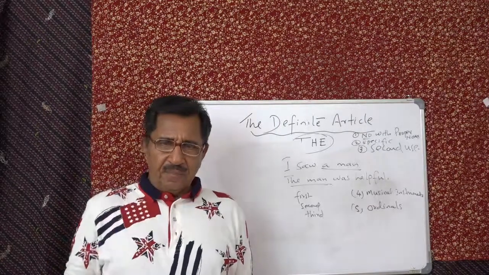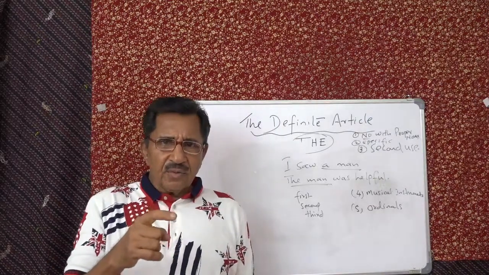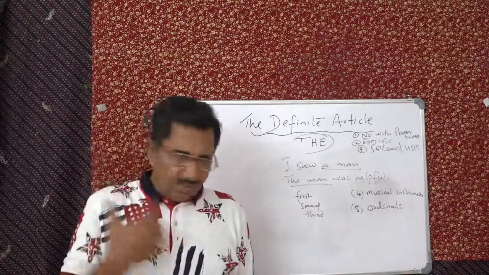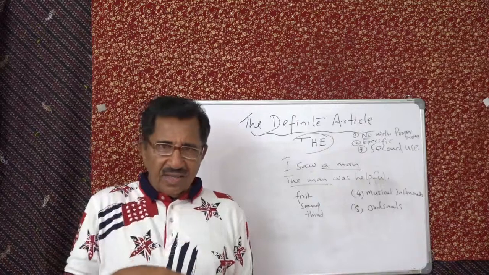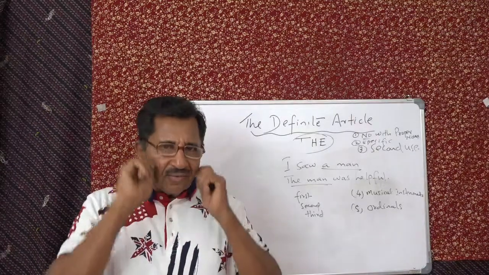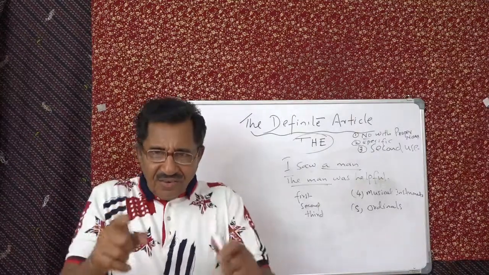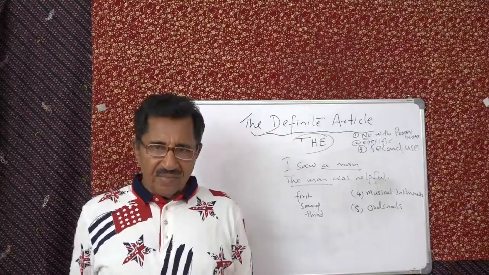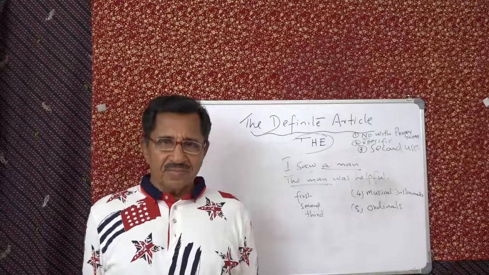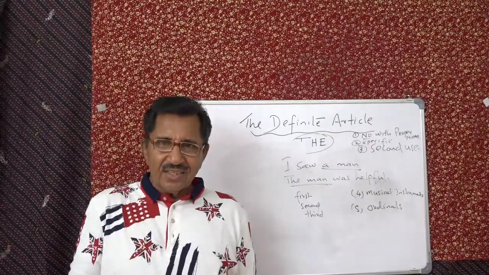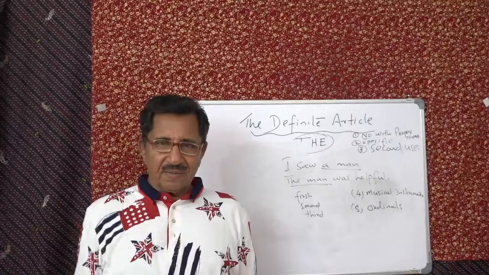When I get up, the first thing I do is wash my face. The second thing, brush my teeth. The third thing, shave. The fourth thing, take a bath. The fifth thing, meditation. The sixth thing, drink 2 glasses of water.